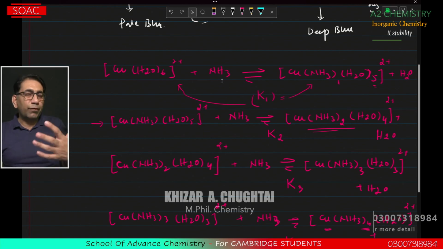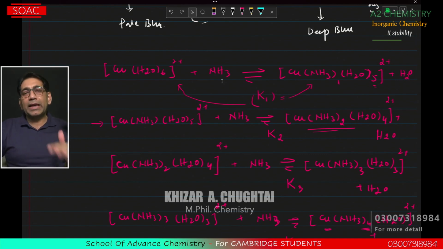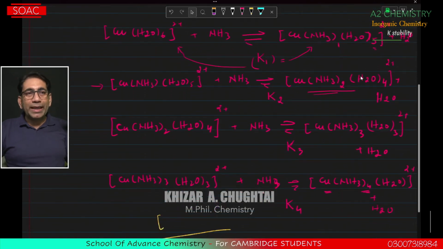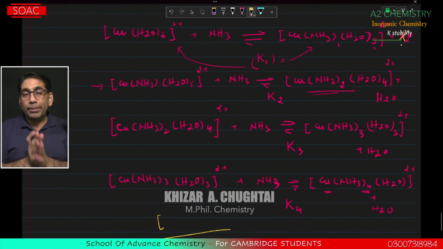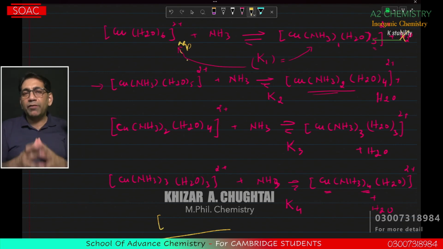So as we write Kc, it is the concentration of the products divided by the concentration of the reactants. But in this case, we are not going to count the water molecule. We are not going to count the concentration of water because the water is in excess. This complex is already an aqueous complex and there is no need to count water. I mean, the value for water will be constant. It will be equal to 1.